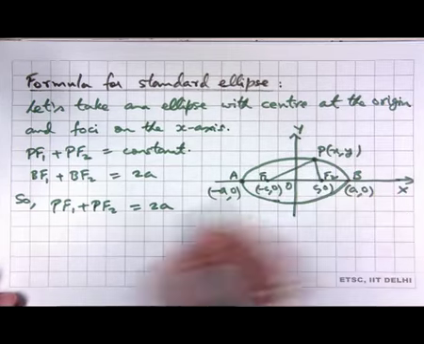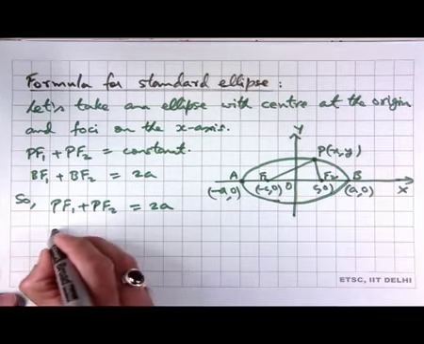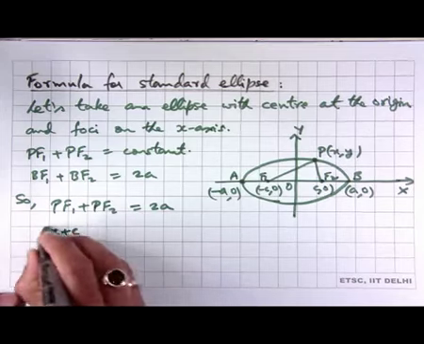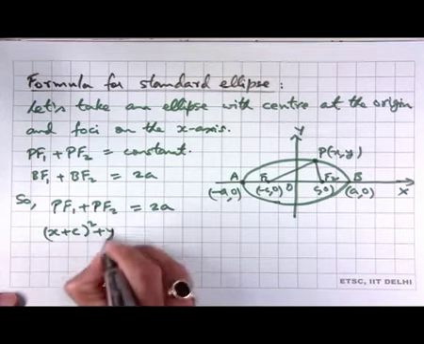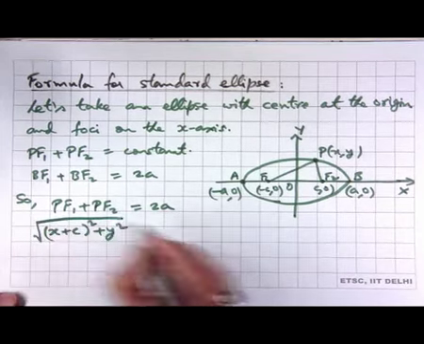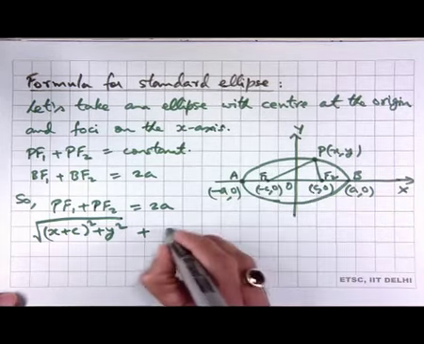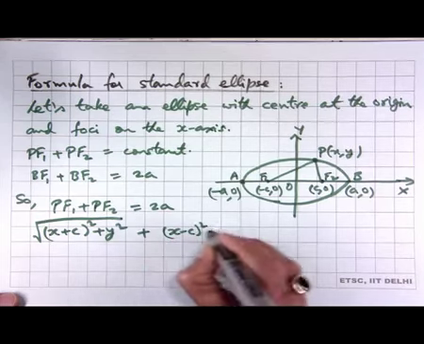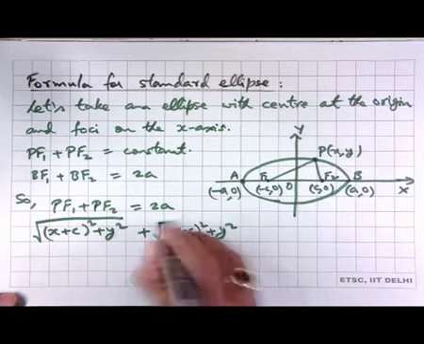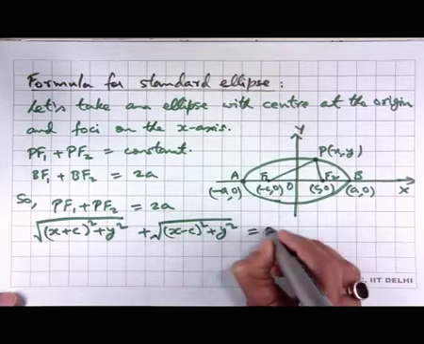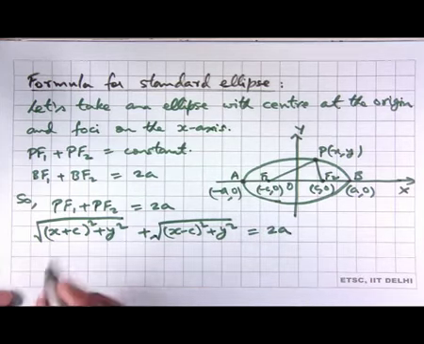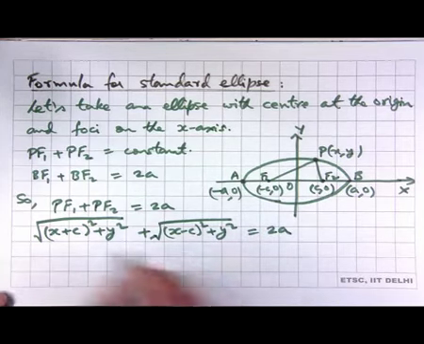Now, what is PF1? It is the square root of (x plus c) square plus y square, plus PF2, the square root of (x minus c) square plus y square, equal to 2a. Now, from here we will derive an equation.